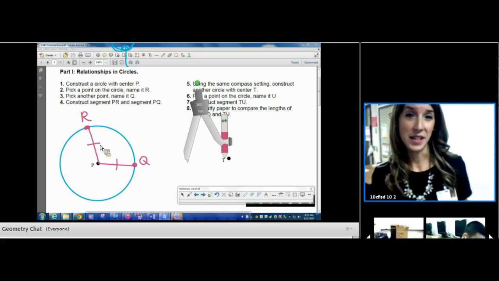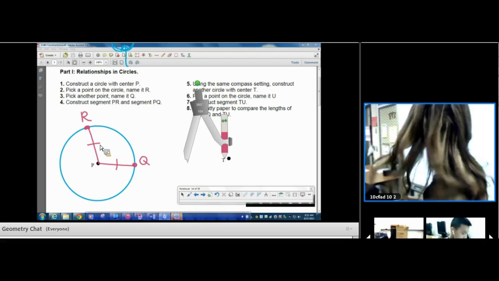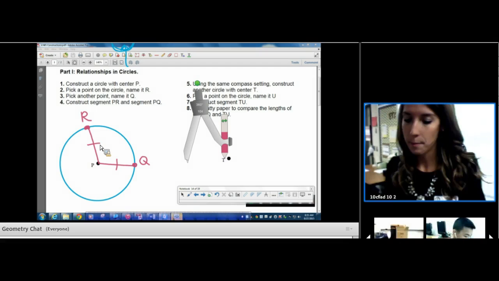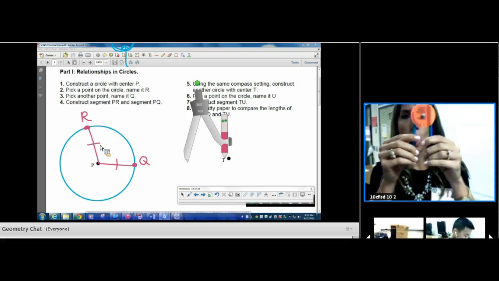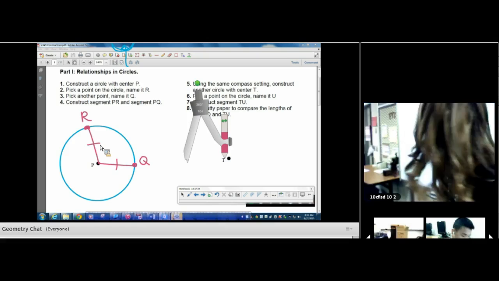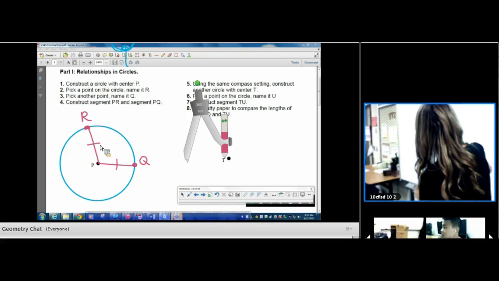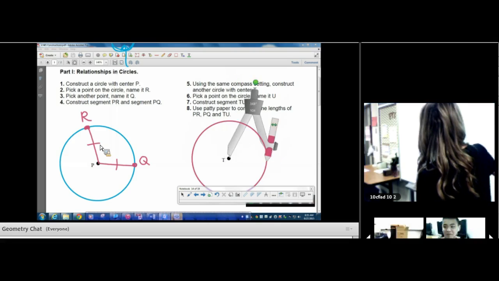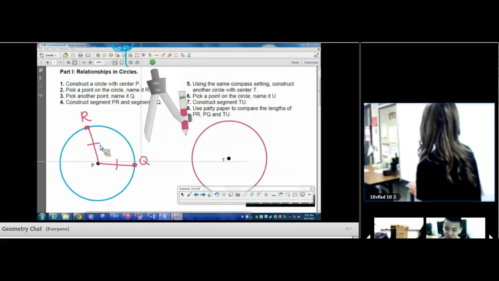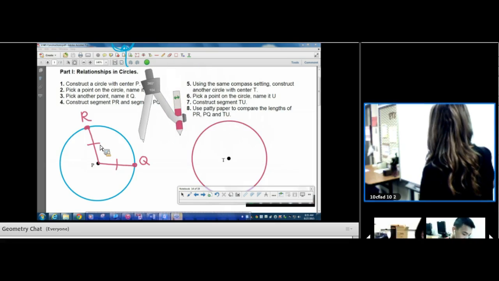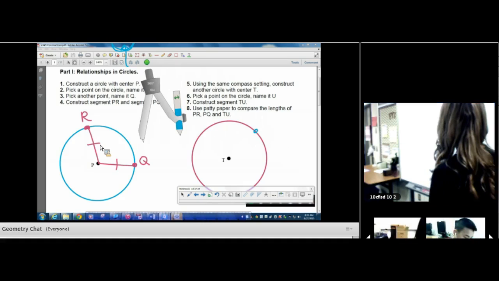I'm kind of answering some of the questions that come below, so sorry about that. I'm getting ahead. Now it says to use the same compass setting. That means you don't open or close your compass. You keep it right where it was. And you come over to point T, and you construct another circle. You pick a point on it, and you call it U, and you construct TU.